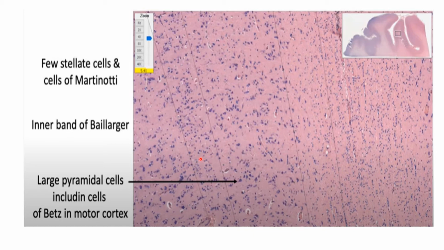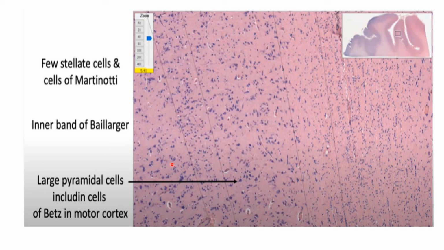The outer band of Baillarger is present in the inner granular layer, and the inner band of Baillarger, that is the white band, which you see, is present in these two layers. The fourth one, inner granular, has the external band of Baillarger. The fifth layer or the ganglionic cell layer has the inner band of Baillarger. This I will come to, and large pyramidal cells are present, including the cells of Betz.